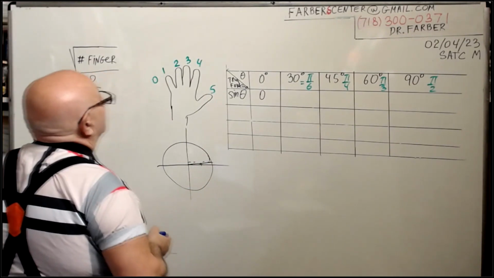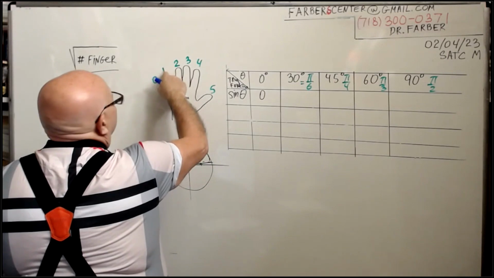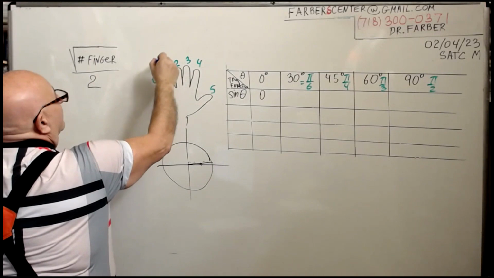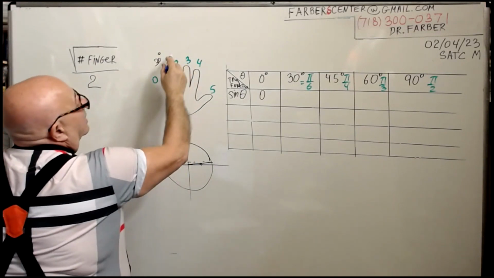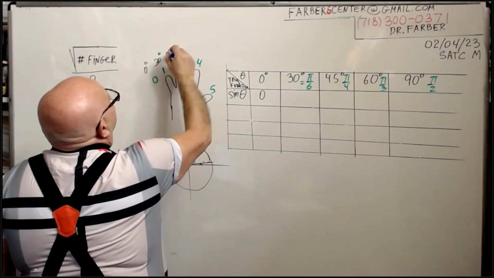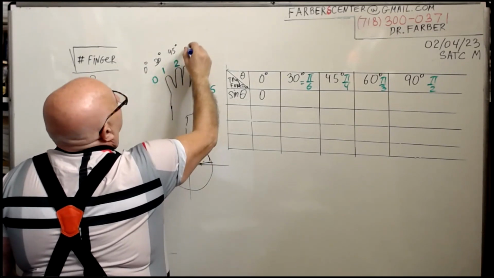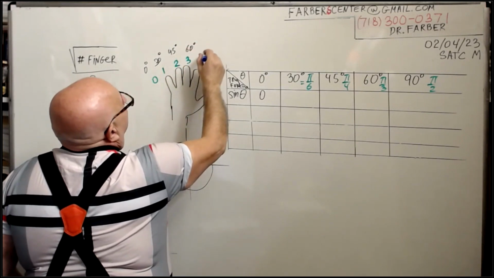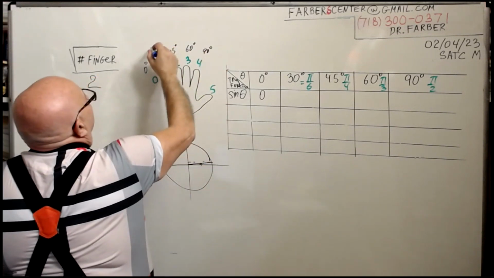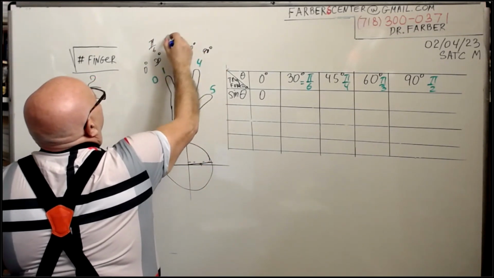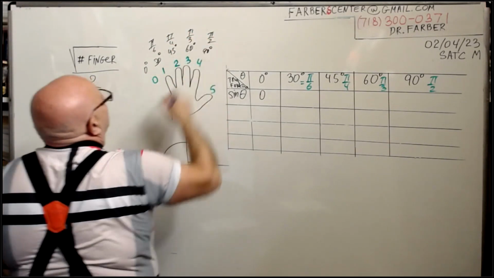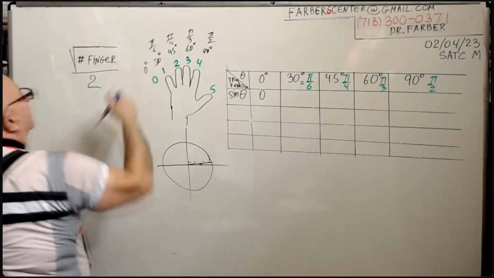Now, when you have 30 degrees, this is related to 30 degrees, this related to 0 degrees, this related to 45 degrees, this 60 degrees, this is 90 degrees, and you can use the same, this pi over 6, pi over 4, pi over 3, and pi over 2. Okay, let's have one for 30 degrees.